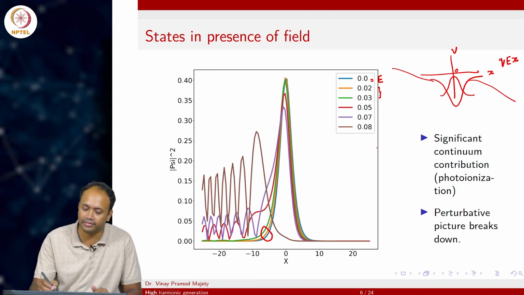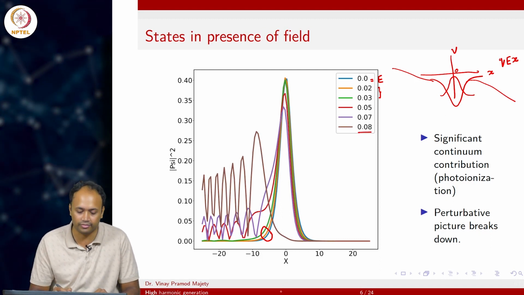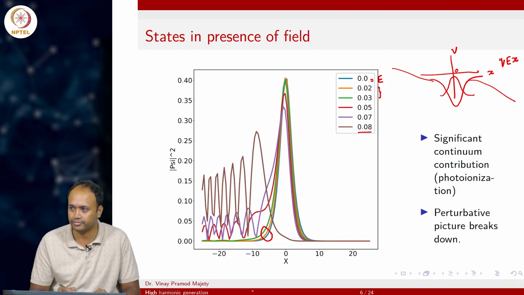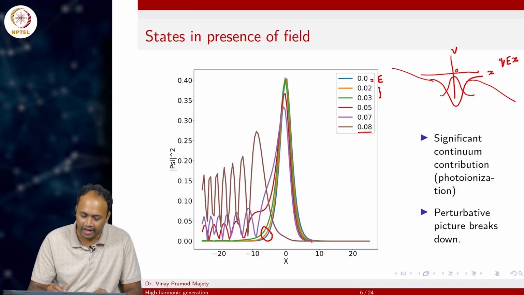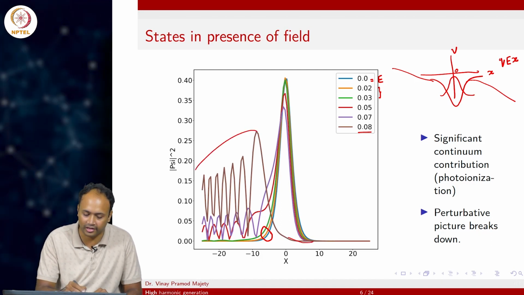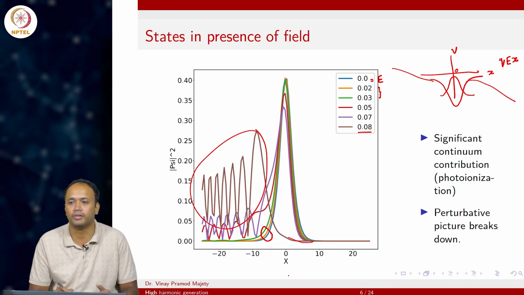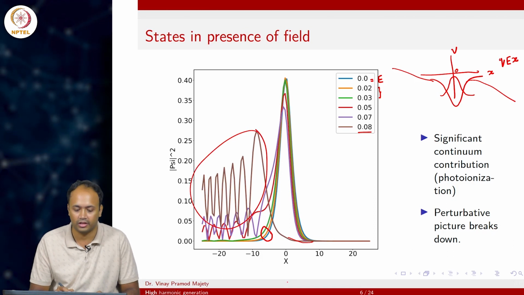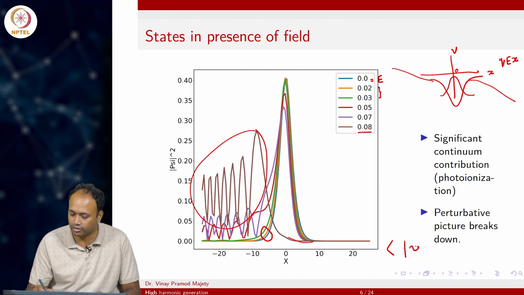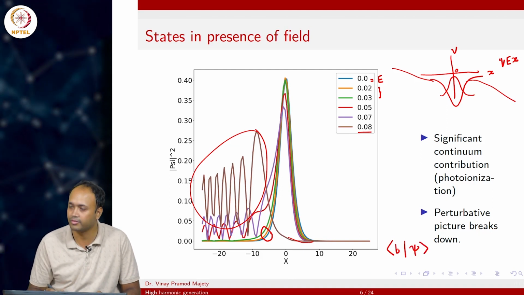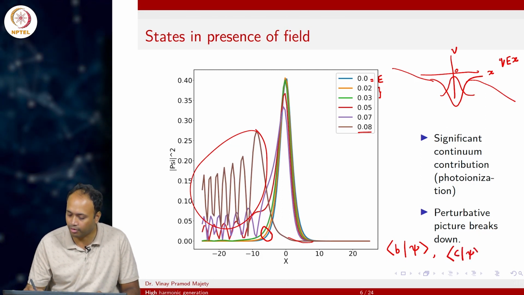Whereas if you keep increasing the field strength, let's look at the maximum value 0.08, this brown curve, you see that it gets highly oscillatory. So you have some bound nature, as well as it gets highly oscillatory, which means if you think about the contribution to this state from the bound states as well as the continuum states, you can compute the projection of my state onto the bound states and compare it with the contribution from the continuum states.